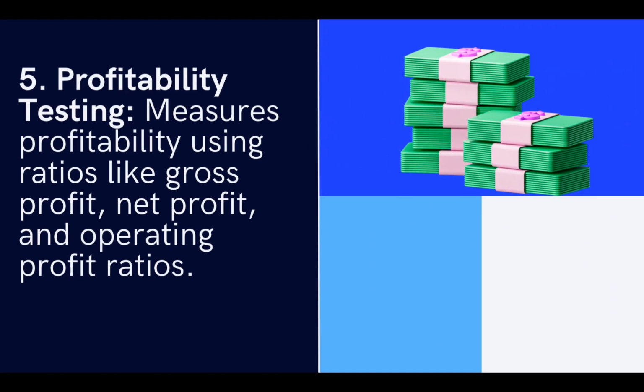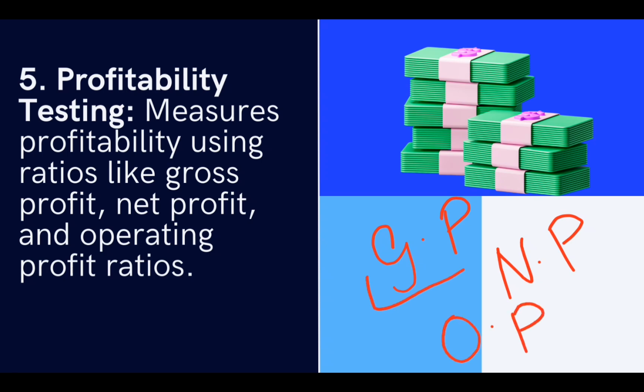Also, there are some ratios which measure profitability. Just understand, profit can be gross profit or net profit in business. Also, a new term for you, operating profit can also be considered. So profitability can be measured from these three angles. It is up to the person who makes the measurement to pick which of these to use to measure the profitability of a business.